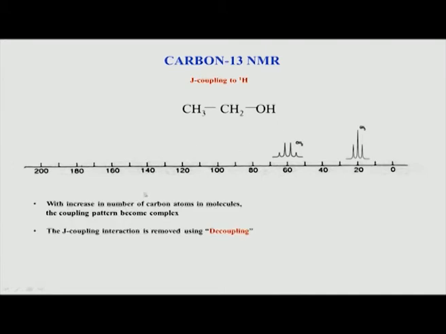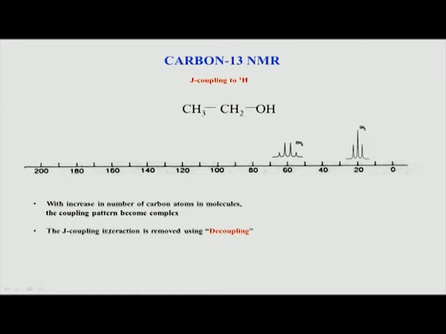With the increase in the number of carbon atoms in a molecule, in this case there are only 2 carbons, so there was not a big problem with this coupling, the multiplets were well separated. But it can happen that in a large molecule where there are many carbon atoms, this J coupling can be a problem. We will see an example of how it becomes complex, and then how you remove that interaction.